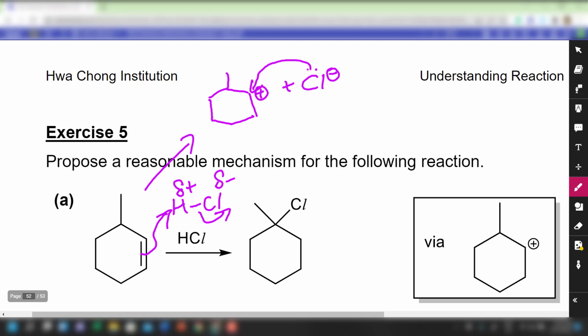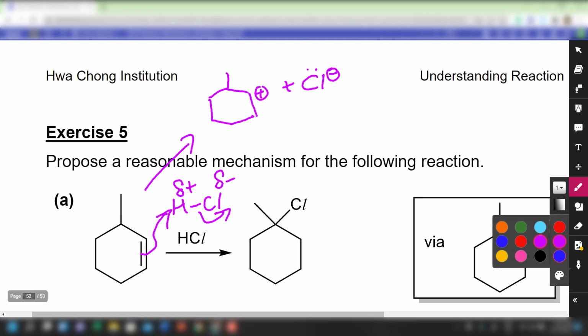That means we have to modify the mechanism slightly, or maybe it involves some form of shift, an alkyl shift or hydride shift, which you learned in the earlier parts of this set of notes. So maybe what we can propose is that I must generate a tertiary carbocation.